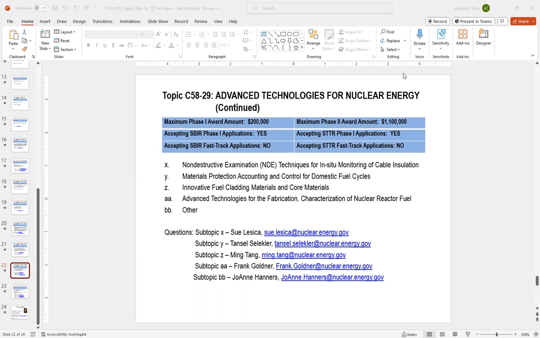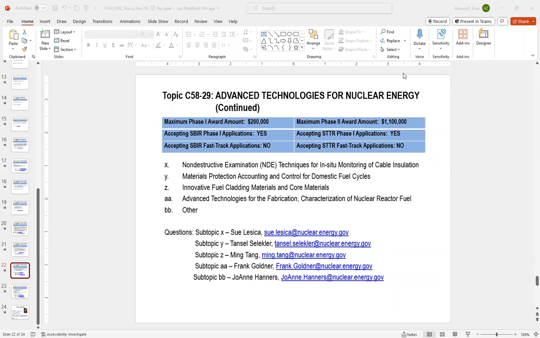Please make sure your applications support any mission. Also, we encourage you to propose any technology beyond the traditional materials control and accountancy methods and techniques for fuel cycle nuclear materials accountancy challenges.